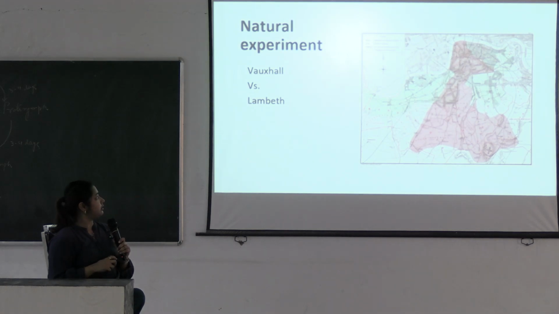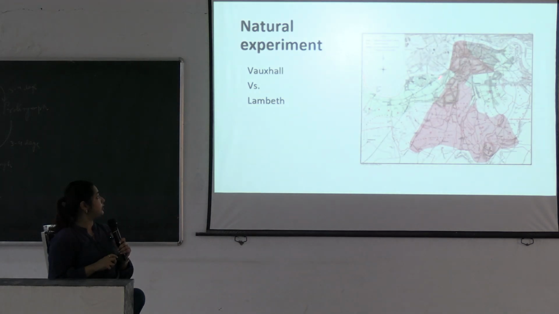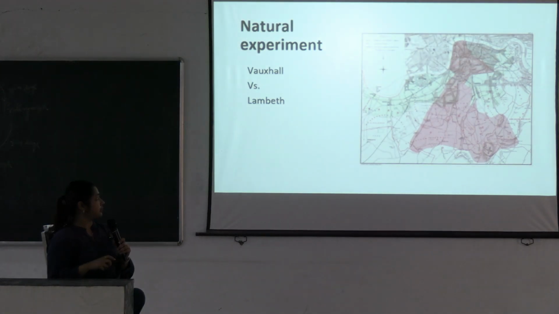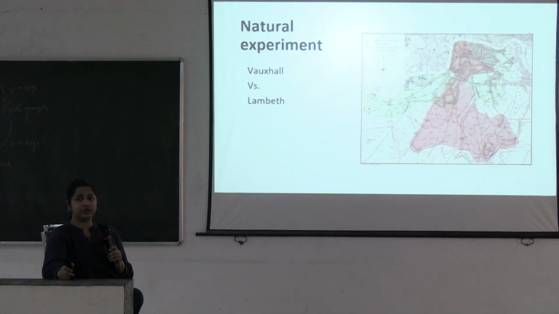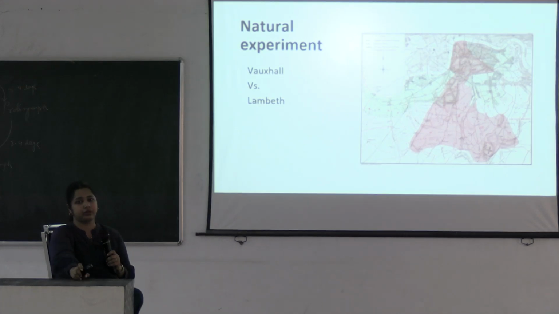This is another study on cholera he did, where he divided the city of London into two groups. One group is receiving water from the Vauxhall company, another group is receiving the water supply from the Lambeth company. What happened is he compared and saw that the cholera deaths and the affected disease were much lower in the households supplied by the Lambeth company and much higher in those supplied by the Vauxhall company.